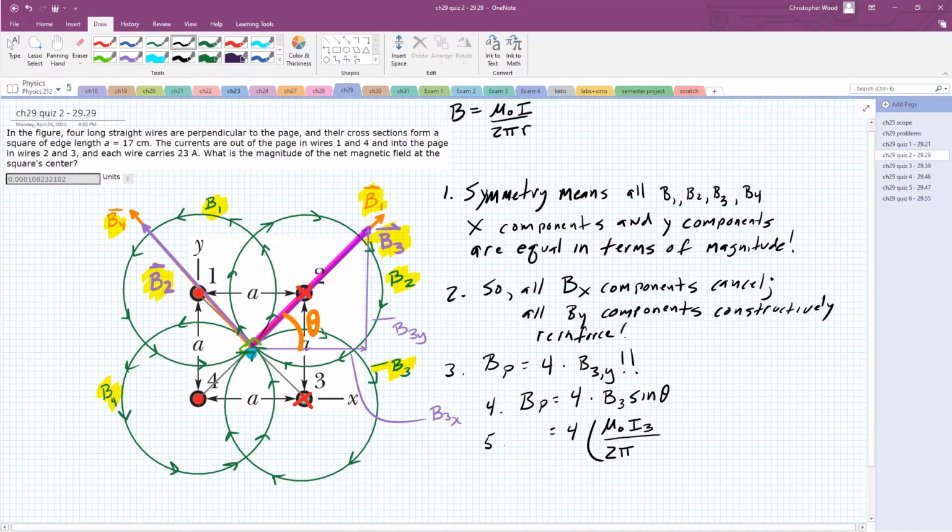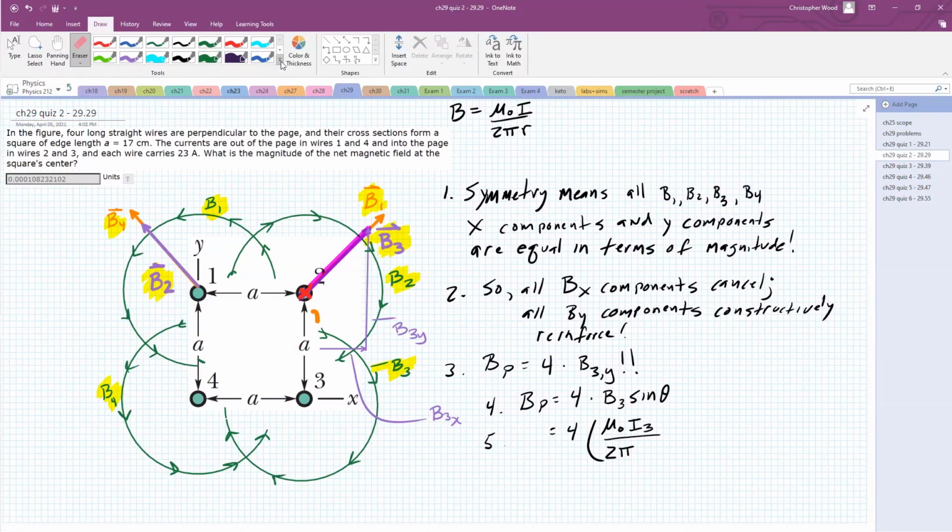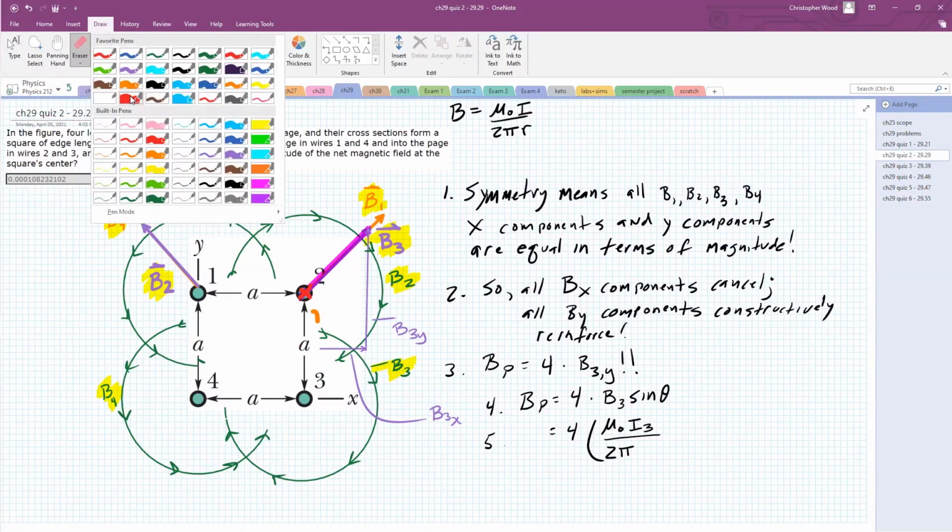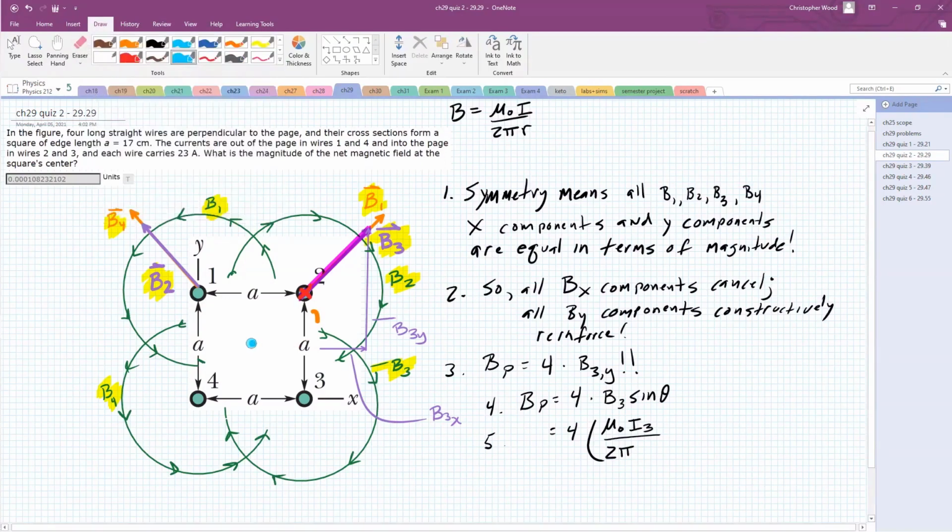And then what's the distance between probert and wire 3? So let me erase some stuff here. Here's probert right here. I'm going to erase all of this actually, since I've already got what I need out of the stuff I'm erasing. Probert is sitting right here, at the dead center of that bounded square.